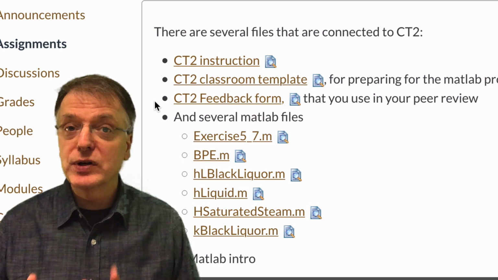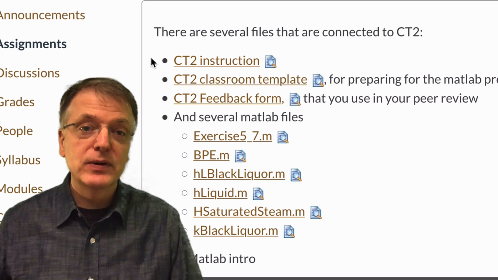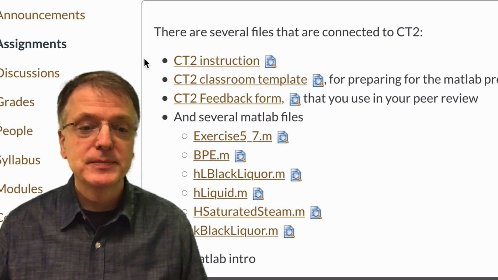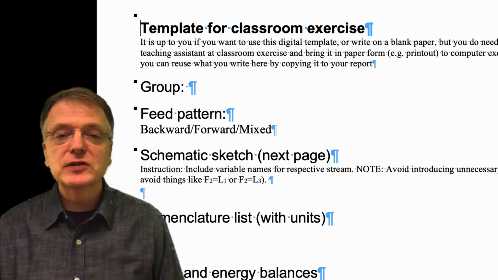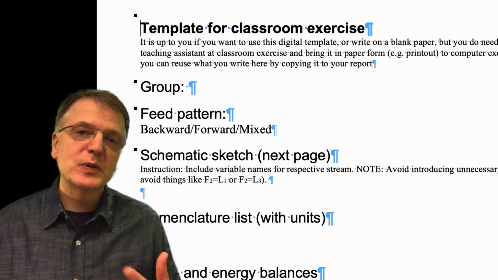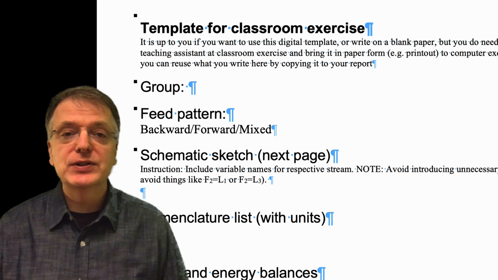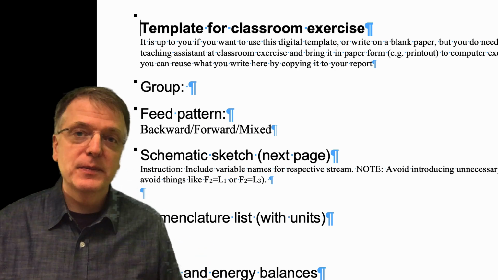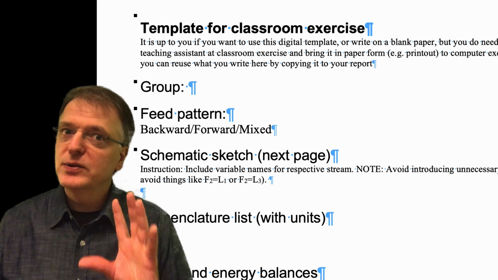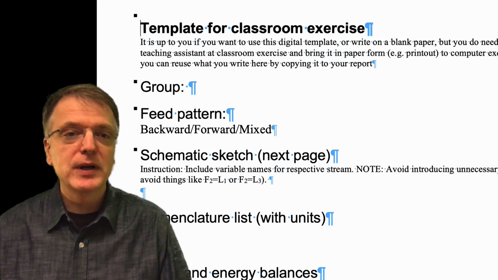And the report you should write is a simplified report, and it tells you in the CT2 instruction how that is simplified. So the template for classroom exercise, that's something for you to use when you prepare, and you should show this and discuss with the teacher. So the teacher marked you as passed on the preparation. And please do this carefully before you start programming, otherwise you will waste your time and our time.